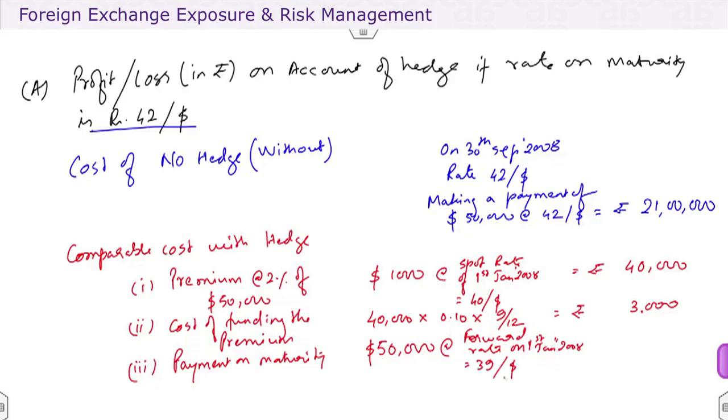So 50,000 into 39 comes to rupees how much? This is 19 lakhs 50,000.